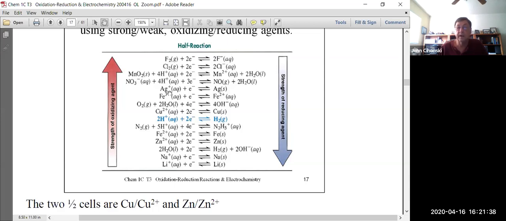So it will grab these electrons from here and give us the silver metal. That's what will plate out on either a silver electrode or maybe graphite again. And what we're left with on the anode side is the iron 2+ ion in solution.